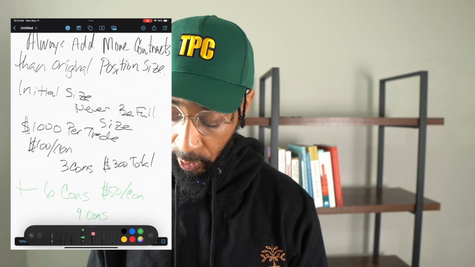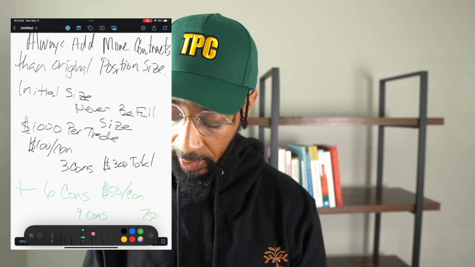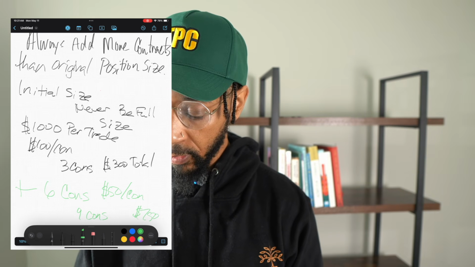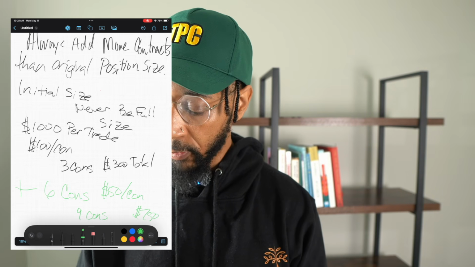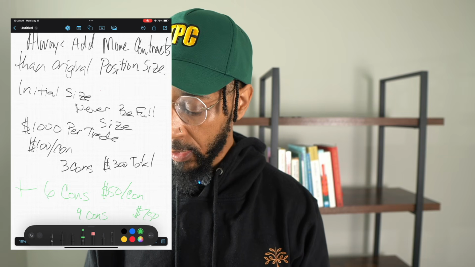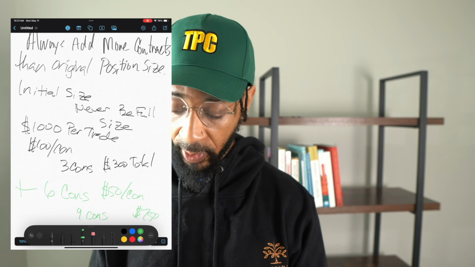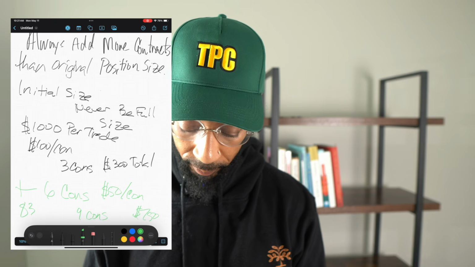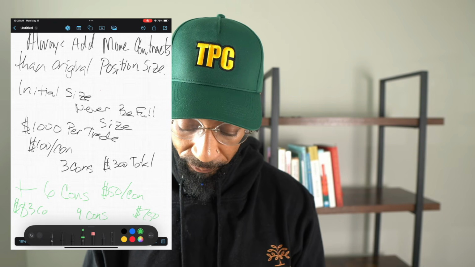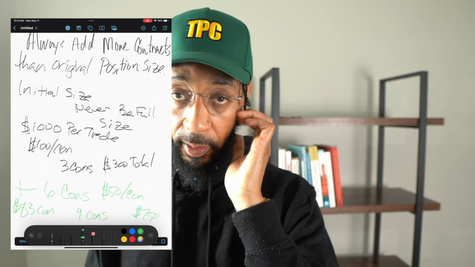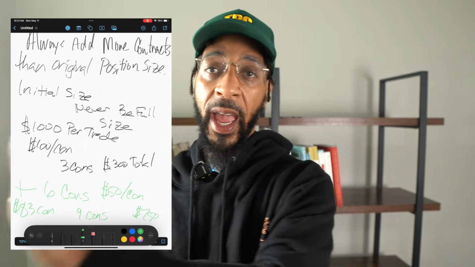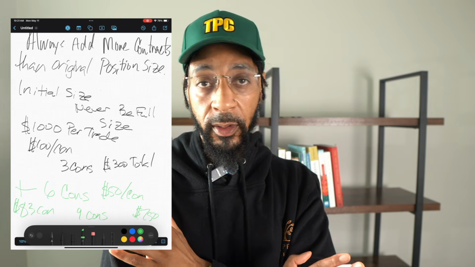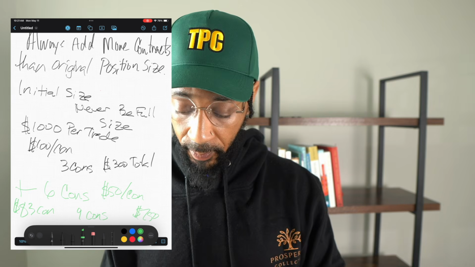So now we're total at $750 in the trade. Instead of the full $1,000, now $750 divided by 9, each contract is about $83, right? So the more contracts you add, the more it's going to drop your cost, right?